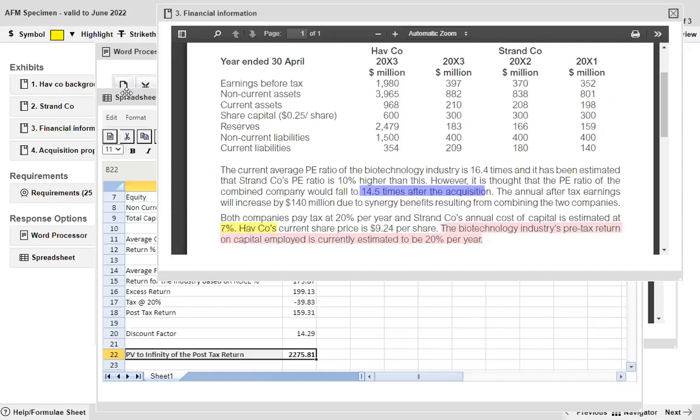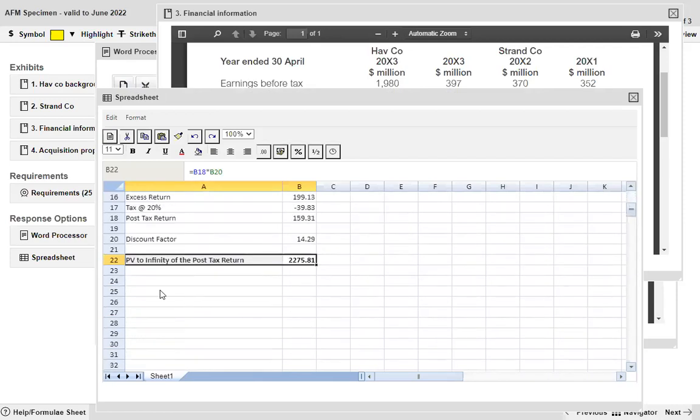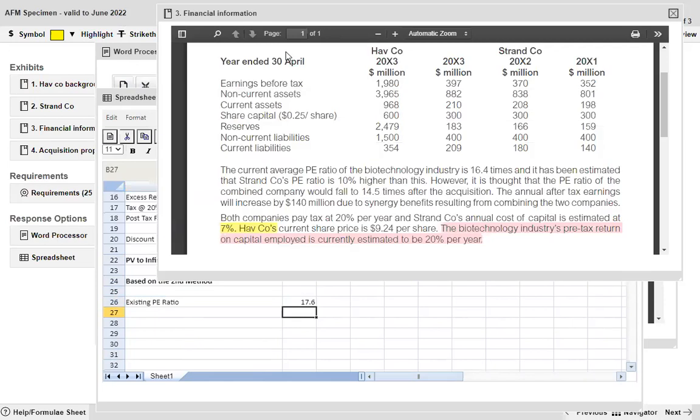Now, let's try to understand this. Based on the second method, the existing P/E ratio is what? 16.4 into 1.1.